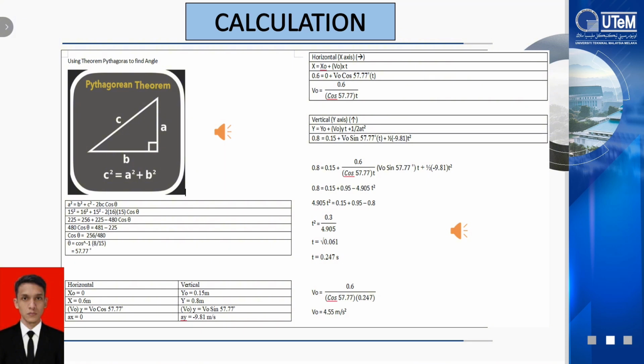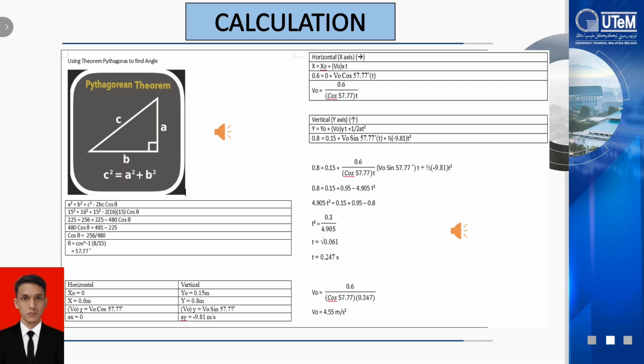To find the velocity of our launcher, we use the kinematic equations, which for the x-axis is x equals x0 plus v times t.